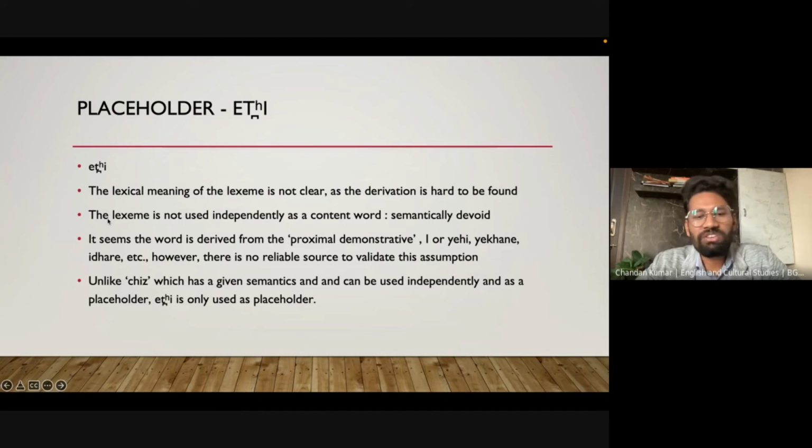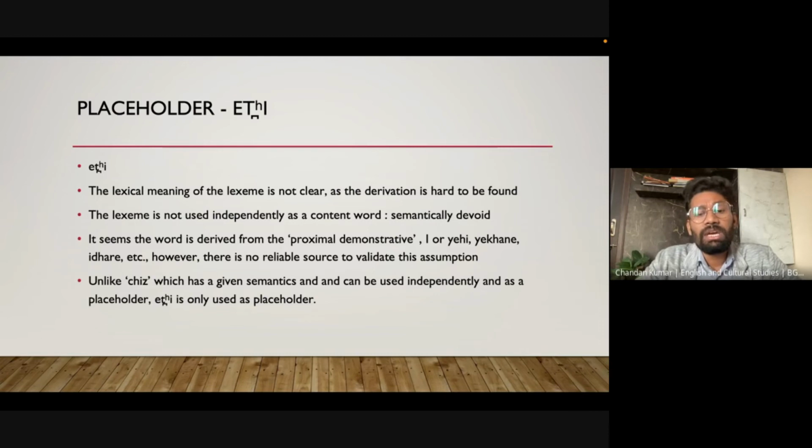The lexical meaning of this lexeme is not clear, as I was not able to find out the derivation of this word, where it is actually coming from. Either it is coming from some proximal demonstrative, like "E", or something, but of course there aren't any available sources where I can find out whether it is coming from an object, from a thing, or from a proximal demonstrative.